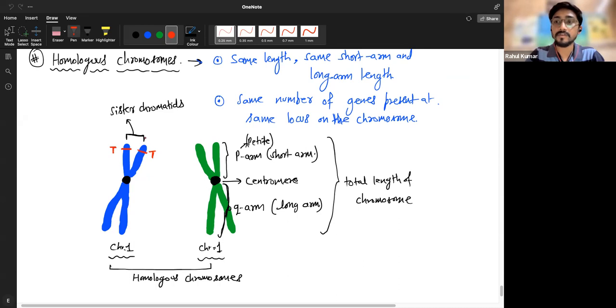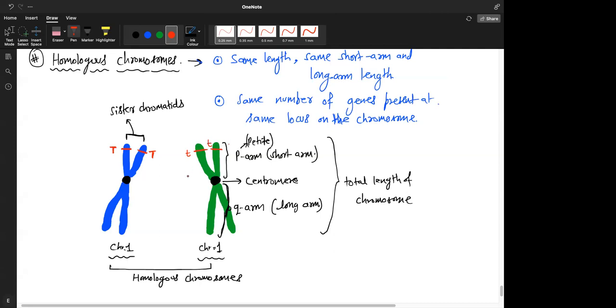Same alleles are present on sister chromatids before recombination. But it is possible that on the other homologous chromosome, the same gene is present, but it is carrying the recessive allele. That allele can be different, but then its sister chromatid will also have the same recessive allele. Do you understand?